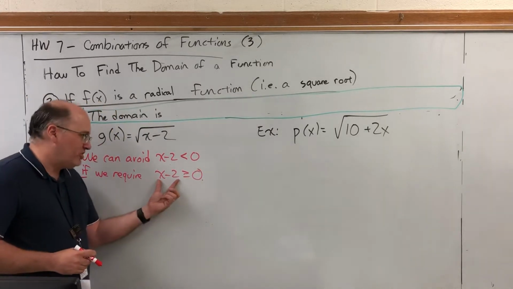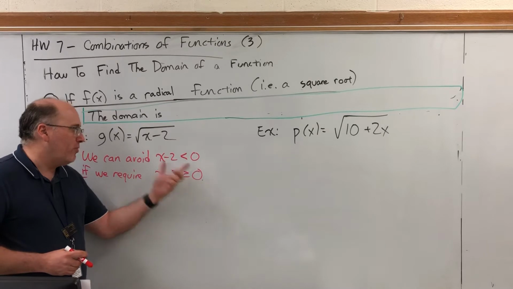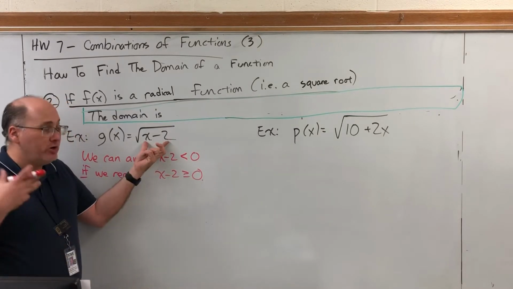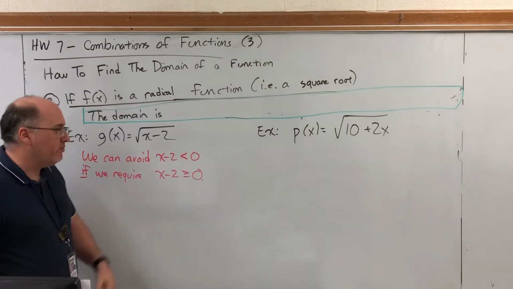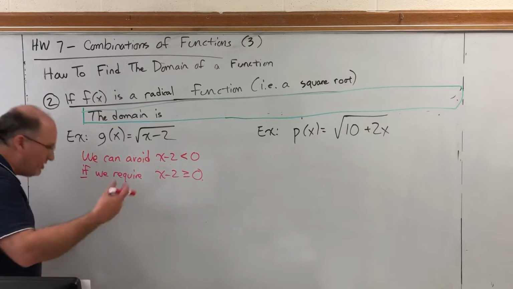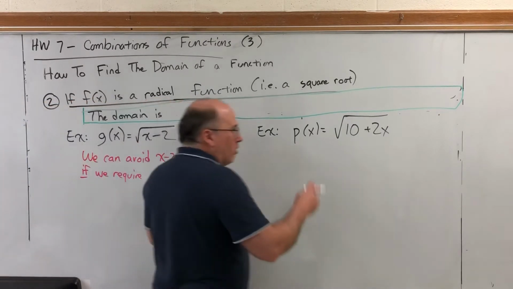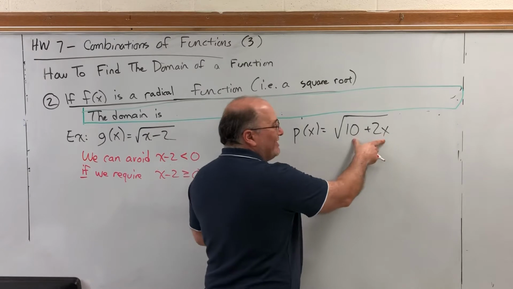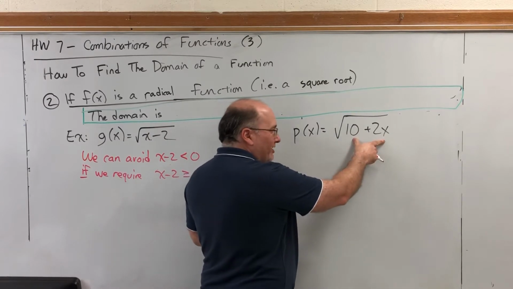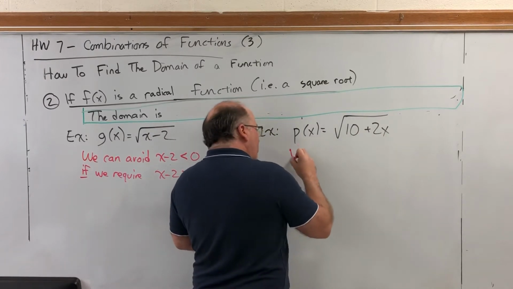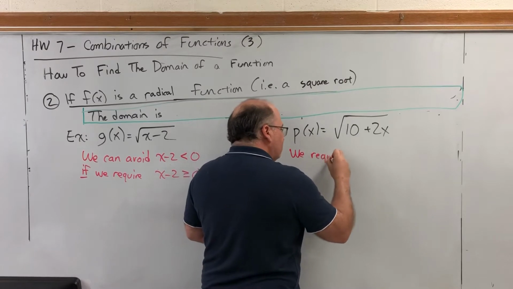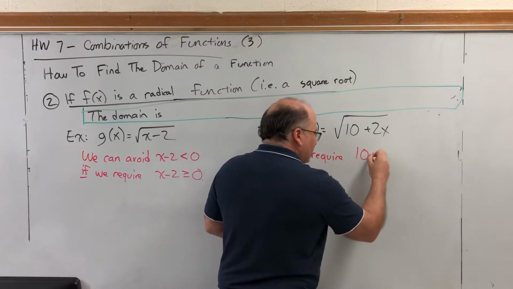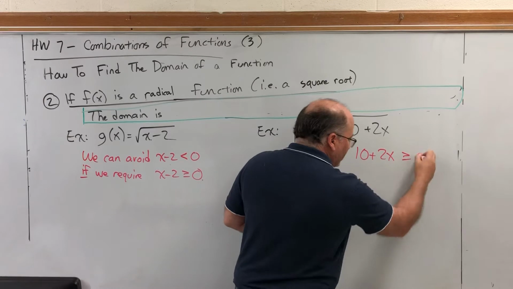As long as x minus 2 is greater than or equal to 0, we will not run into the situation of square rooting a negative number, and so we're good. And we can do the same thing over here. Here, we want to avoid 10 plus 2x being less than 0, so we can require that 10 plus 2x be greater than or equal to 0.